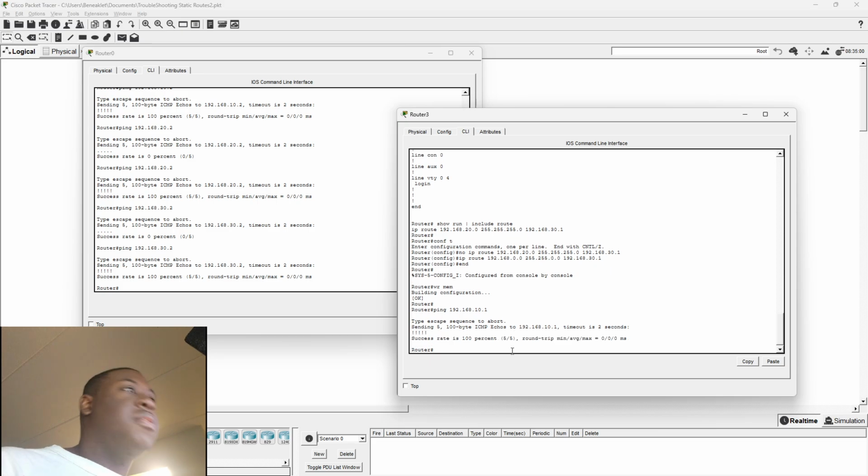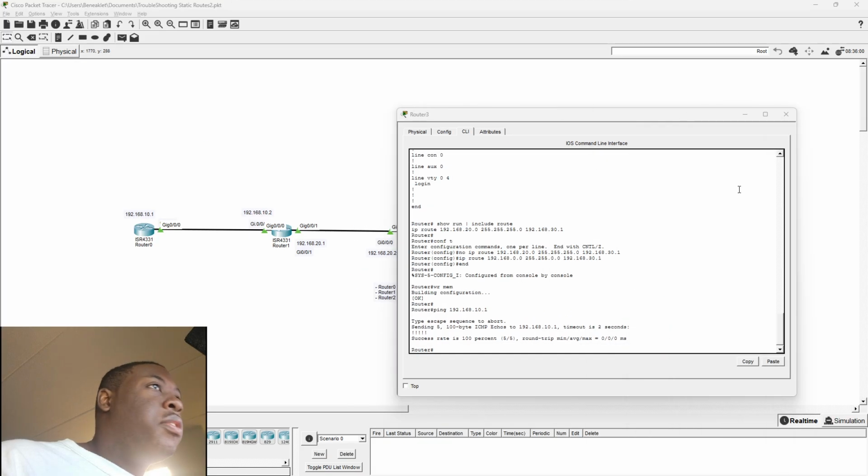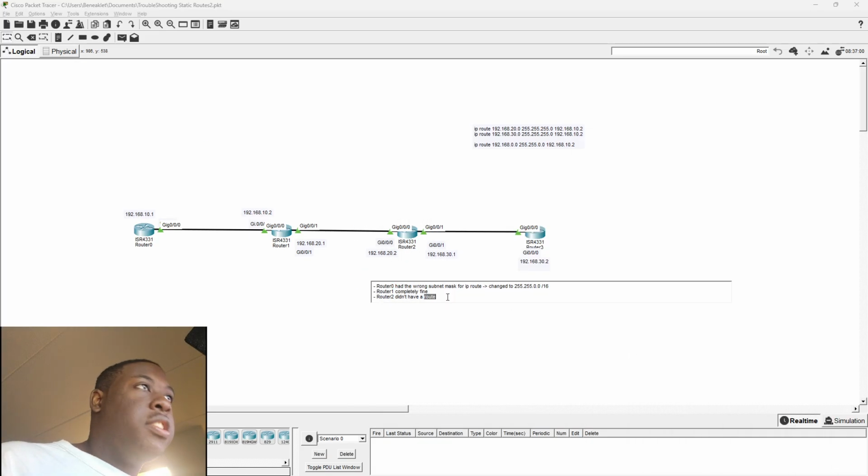And that's it. So, write this down. Router 3 had a more specific route, and we changed the IP route going out.